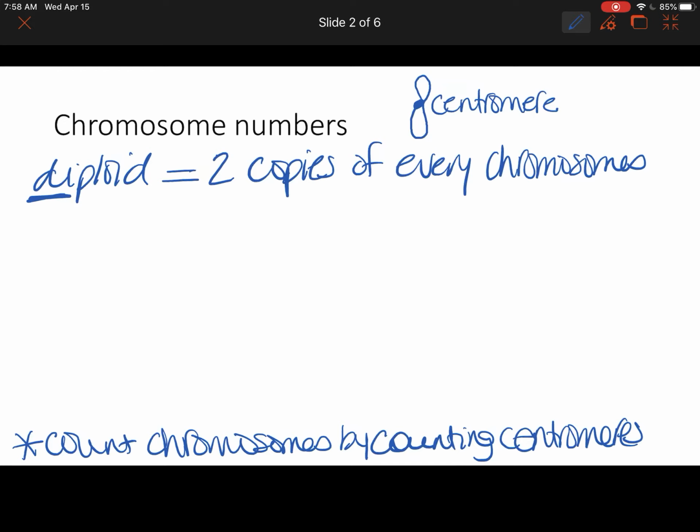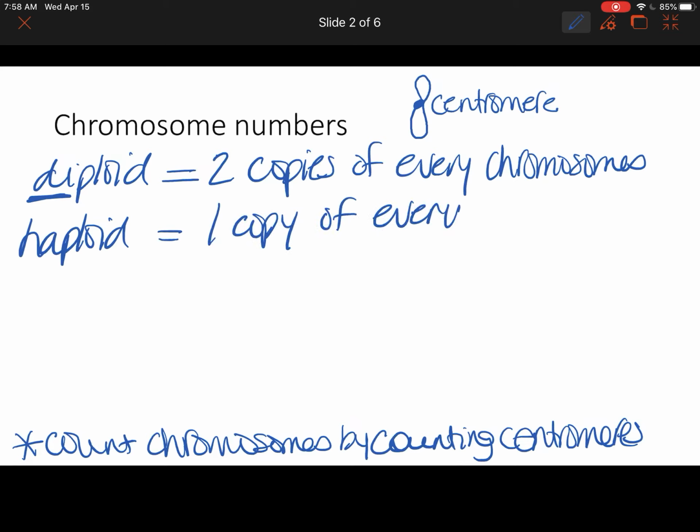So diploid cells have two copies of every chromosome, whereas haploid cells only have one copy of every chromosome.